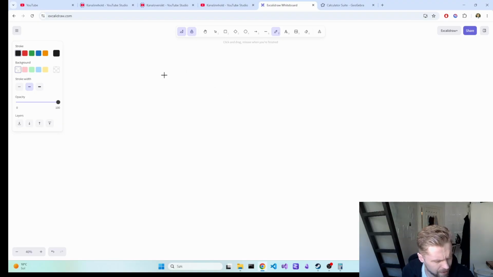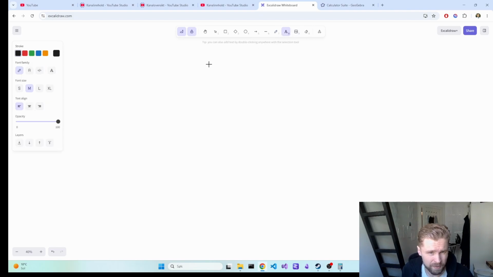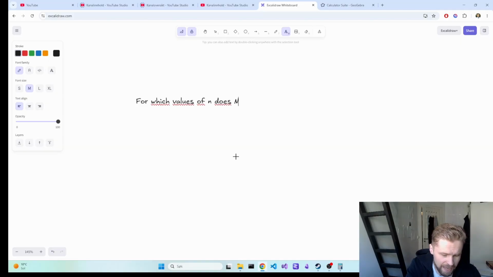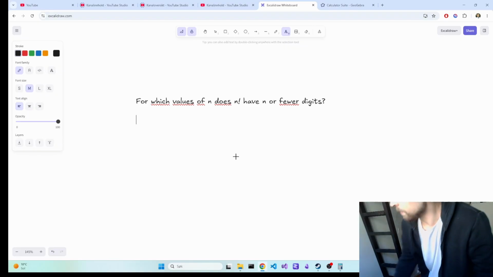So, alright, we go for the second one now. For which values of n does n factorial have n or fewer digits? I don't even know what that means, but I need to get my coffee.